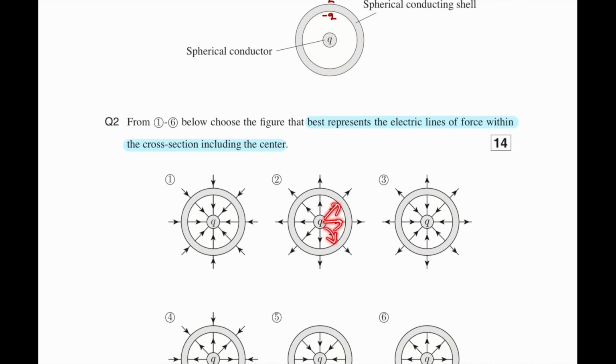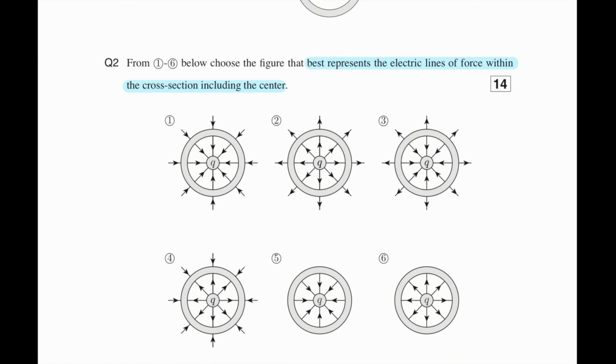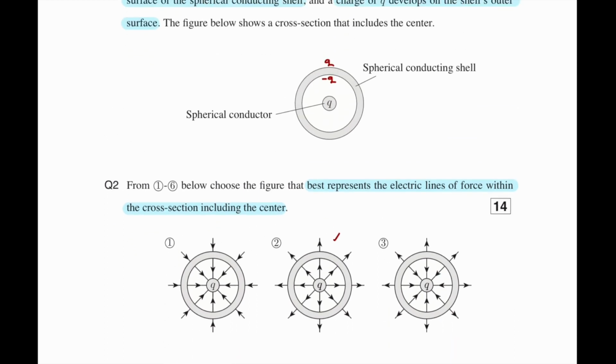Number 1 is definitely incorrect. Number 3 is definitely incorrect. So my choices are 2, 4 and 6. Since the outer shell is positive, if you remember, the direction of electric field is out from positive, and into the negative.